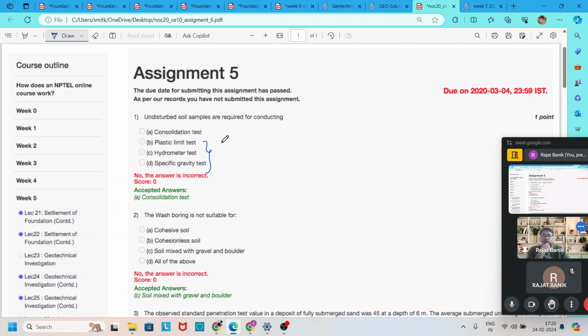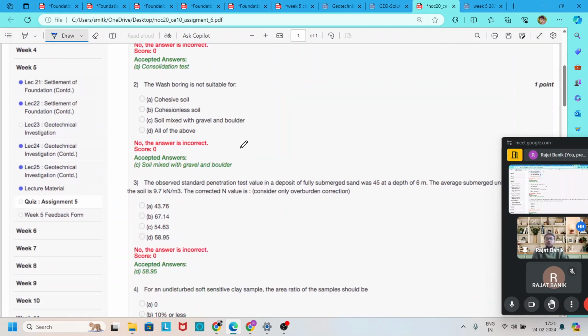In a disturbed sample also we can find out these. Only in the consolidation test, we replicate the soil condition to find out the consolidation of a soil sample. For this, we need the undisturbed sample. So our correct option is option A.